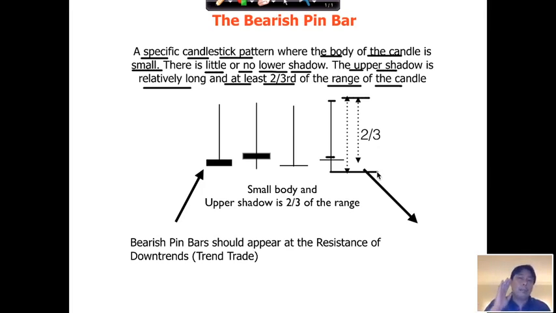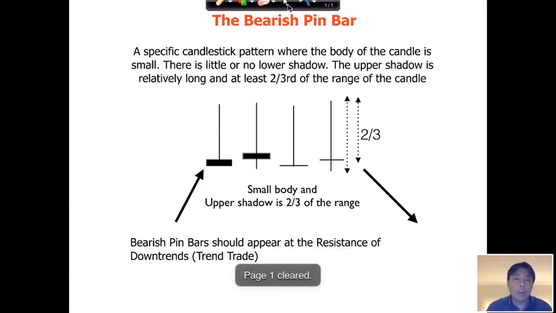Now again, it must appear at the right context, location, location, location. Where should it appear? It should appear at the resistance of a downtrend. And again, it can't appear anywhere else. If it does, it doesn't mean anything. Okay. So what do I mean? So first of all, the overall trend must be going down, right? You must see the price going down, right?